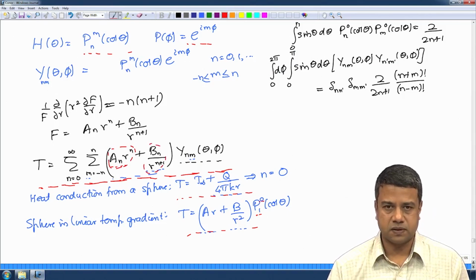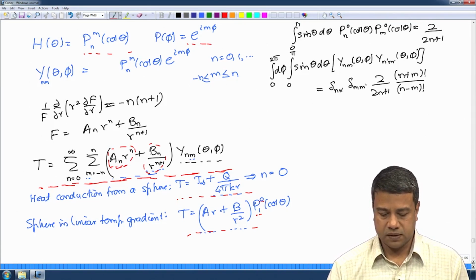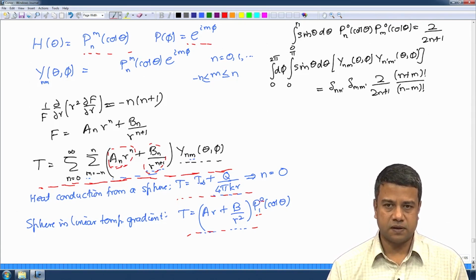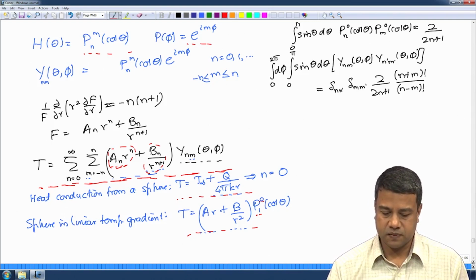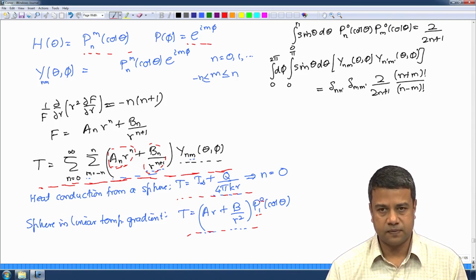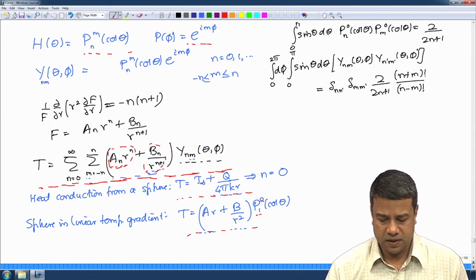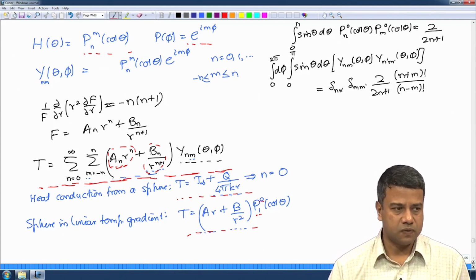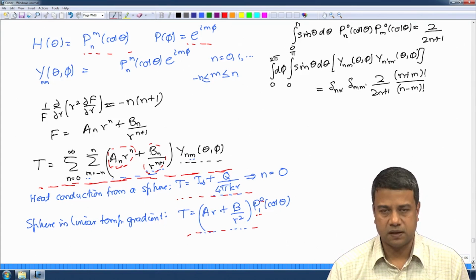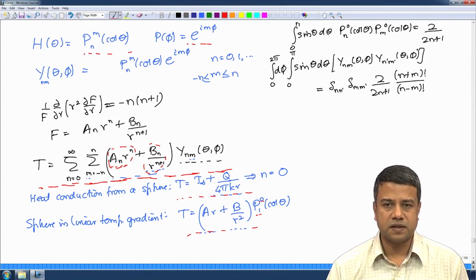These are the general solutions, and I told you that the solution for heat conduction from a sphere was a special case where n was equal to 0. The sphere in a linear temperature gradient was the special case where n was equal to 1, but we still did not have a clear picture of what these spherical harmonics actually mean, and I was trying to give you a physical interpretation based upon the heat conduction due to point sources.